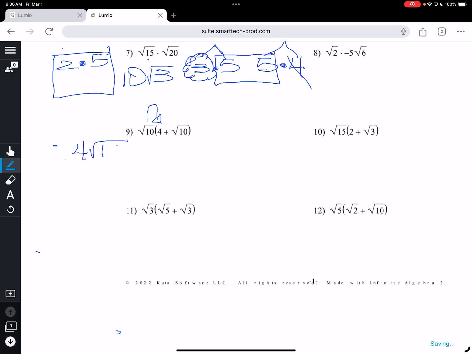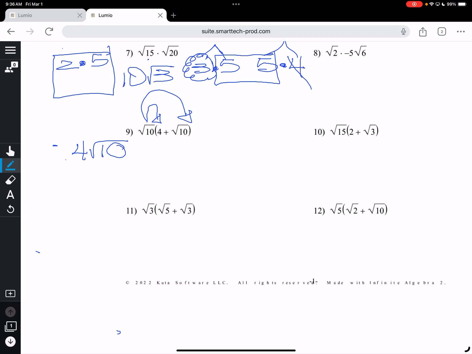Now, you're going to hear me say this a lot in this class when we're working with radicals. The next distributed number, radical 10 times radical 10 is radical 100, which is 10. Anytime you multiply a radical by itself, like the numbers are the same, it's the number inside the radical without the radical sign.